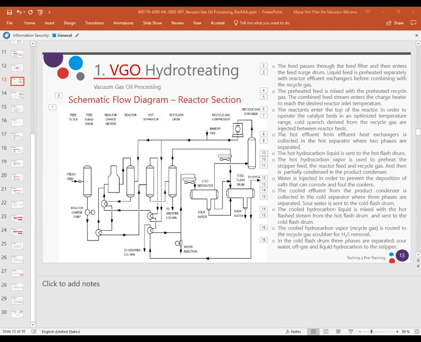I don't know what is happening now. If you go to full screen, it will be easier. Oh, because I haven't... let me see what I'm sharing.